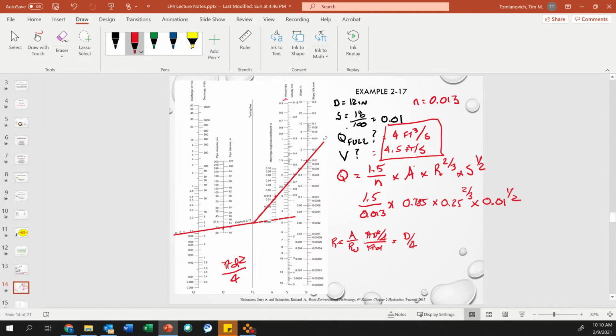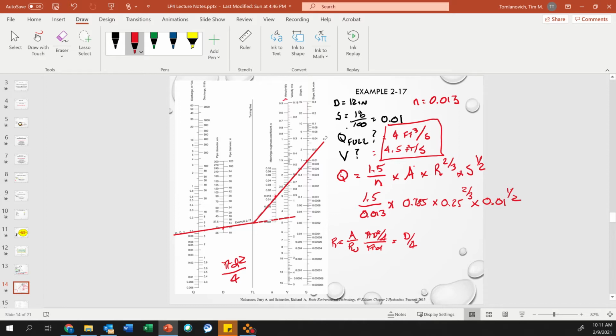All right, 1.5 divided by 0.013, times 0.785, times 0.25 raised to the 2/3, times 0.01 raised to the 0.5.